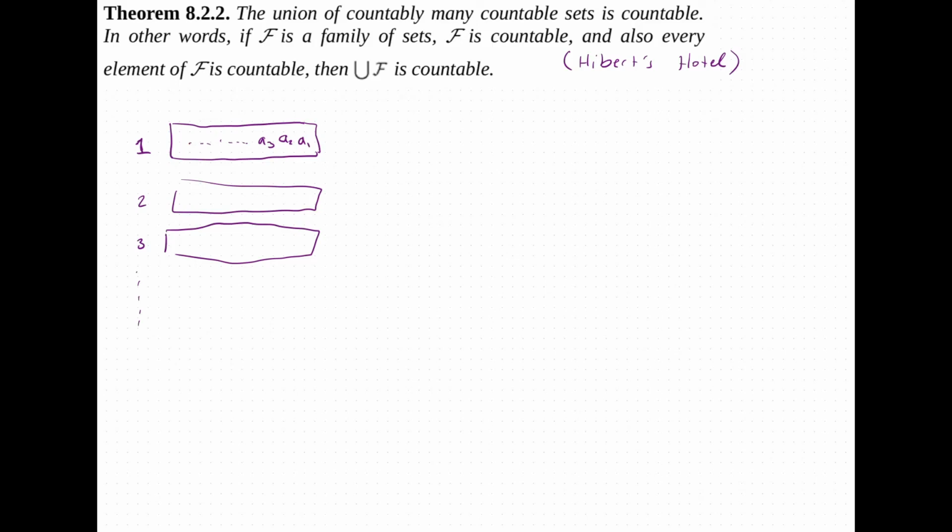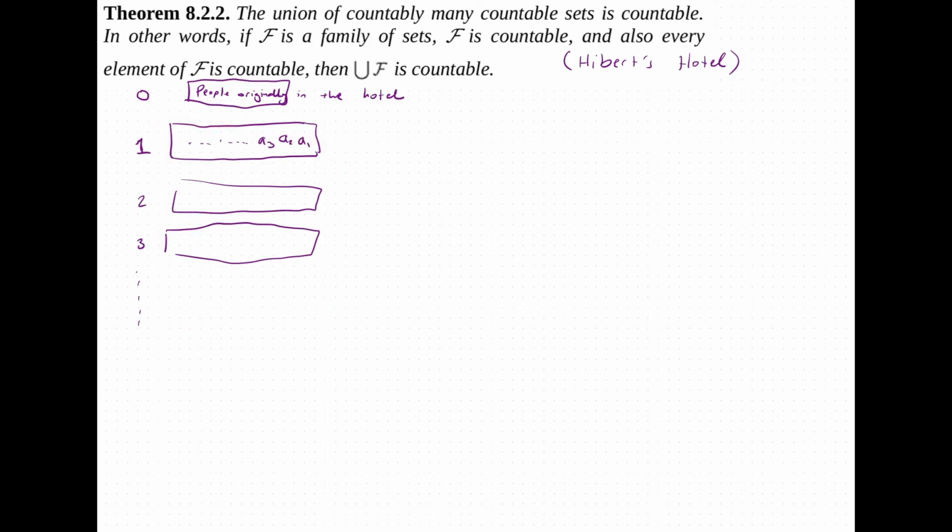But we also have the people that were originally in the hotel. And then the question is, can we accommodate everyone in this hotel, given that it is already full to begin with? And so what we really are doing is taking the union of all the people in the hotel, and correspondingly everyone in the infinitely many buses, and taking the union of all of those.